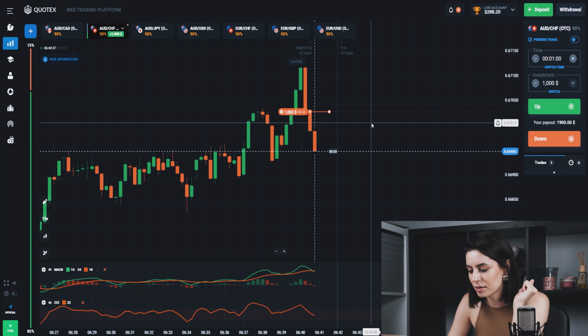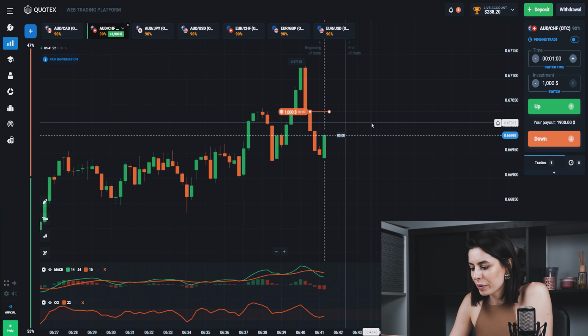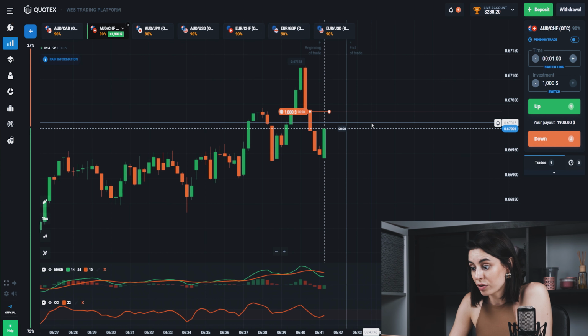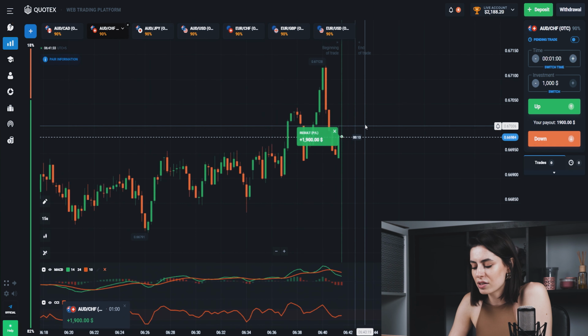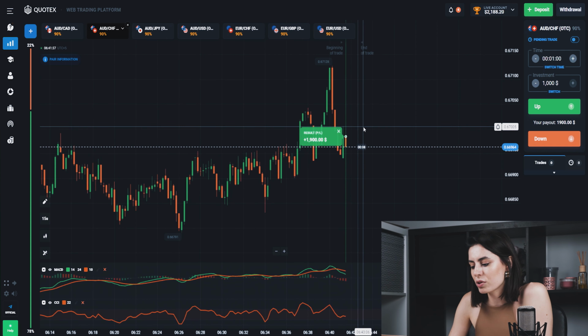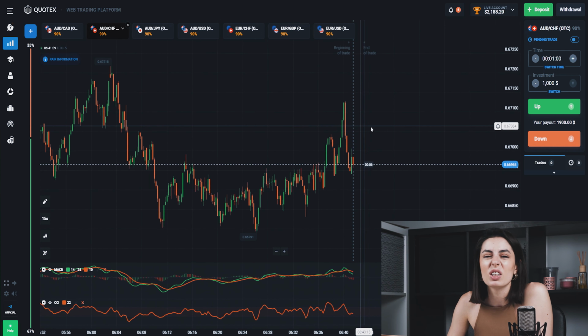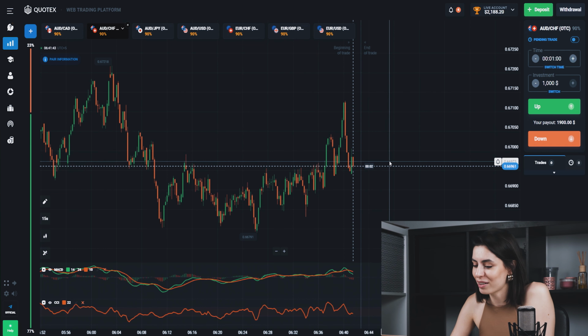So let's wait. And what we are actually seeing, the green candle started to rise, and this is why there was the crossing. The moment of crossing usually means the movement is going to change, but this green line was anyway below the orange line, and this is why we made this bet and we got it as a profit.